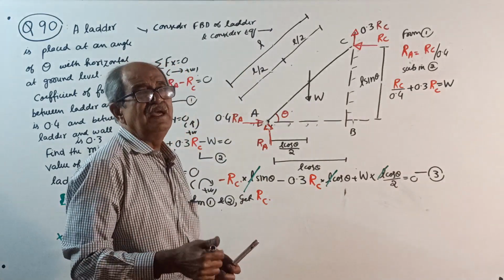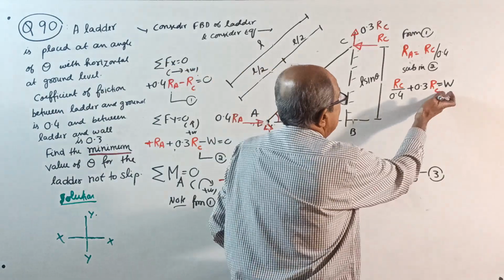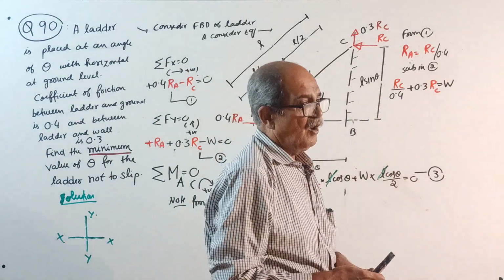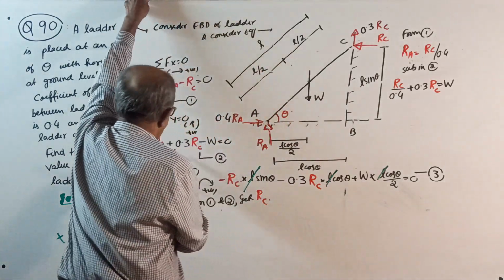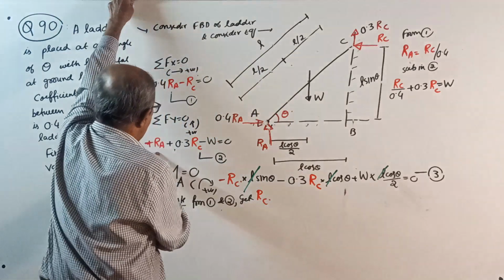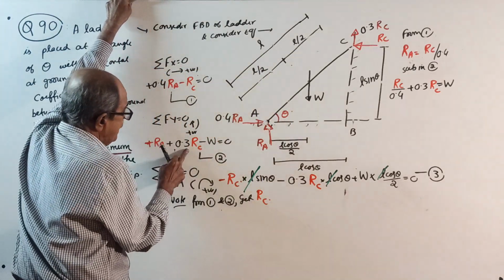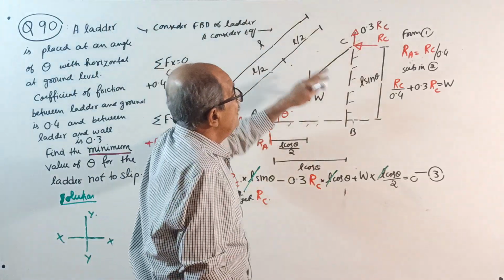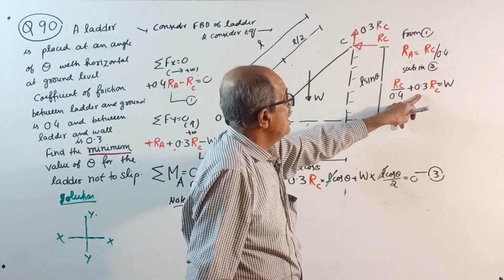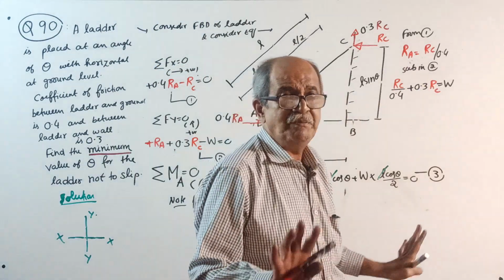Or somebody will tell, sir, I am substituting as it is. Substitute: replace RA by RC by 0.4, plus 0.3 RC minus W equal to 0. Therefore, RC by 0.4 plus 0.3 RC equal to W. Now happy? Okay.